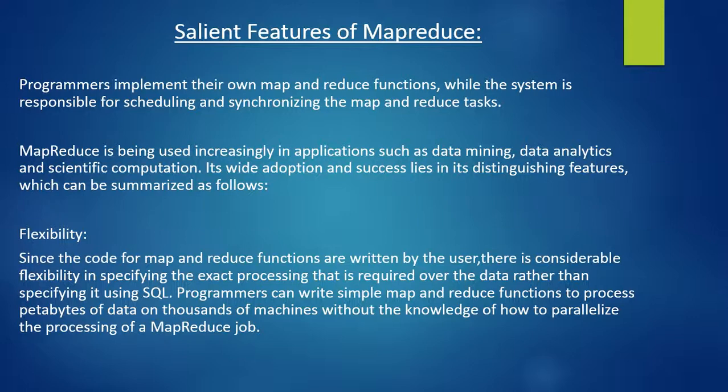Flexibility. Since the code for map and reduce functions is written by the user, there is considerable flexibility in specifying the exact processing that is required over the data, rather than specifying it using SQL. Programmers can write simple map and reduce functions to process petabytes of data on thousands of machines without the knowledge of how to parallelize the processing of a MapReduce job. The underlying framework does the job for you.